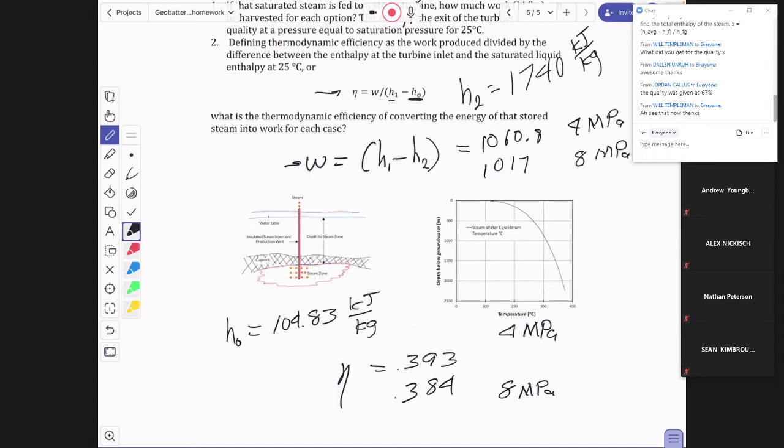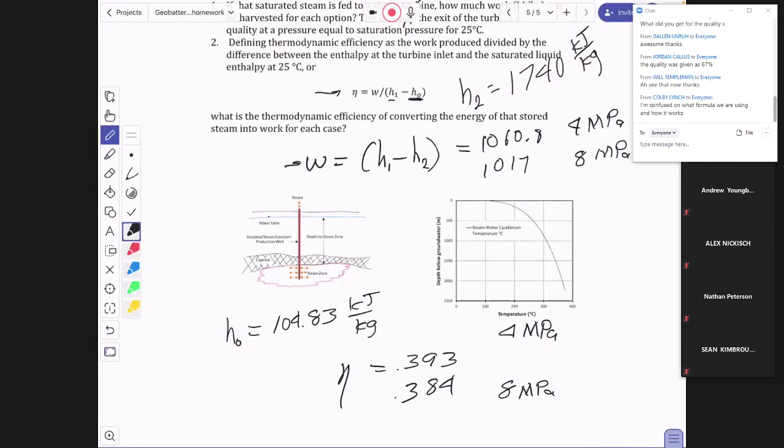I have one question. Can you repeat where you got that h naught from? Yes, if you go to the steam tables under a temperature of 25 degrees, I'm looking for h naught. I'm looking at the base case from that water that is in the tank and being boiled to get made to an enthalpy of h1, right?